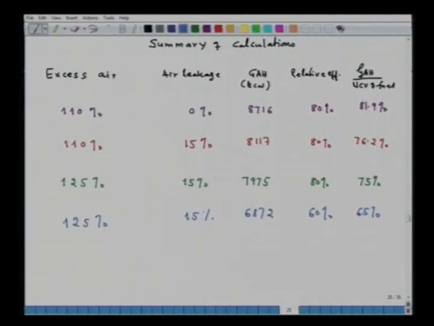If we compare the 110% and 15% air leakage with 125% excess air and 15% air leakage, there is a very slight difference in the amount of heat referred to the NCV of the fuel. It was 76.2% and 75%. So, the air leakage can to some extent be compensated by the use of excess air.